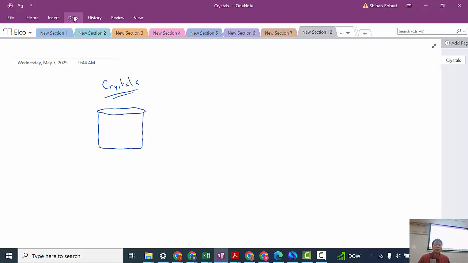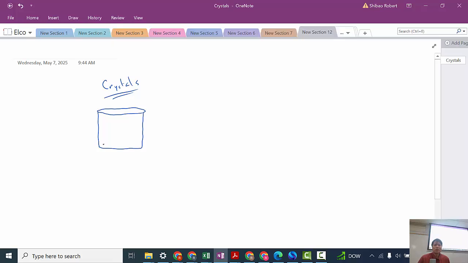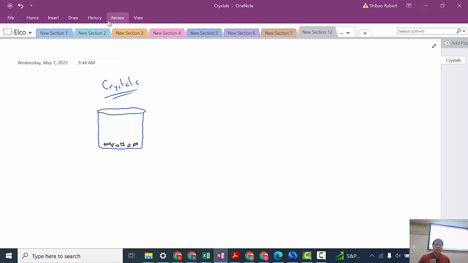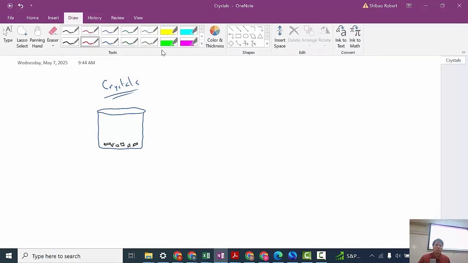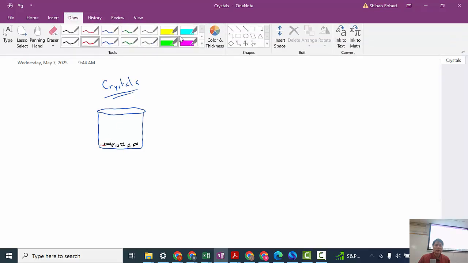Why do we need the solution there? We need the solution there to make sure that the impurities stay dissolved in the solution. So just a little bit of solution.